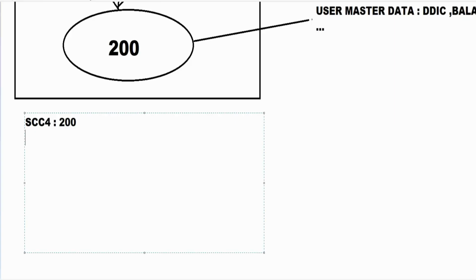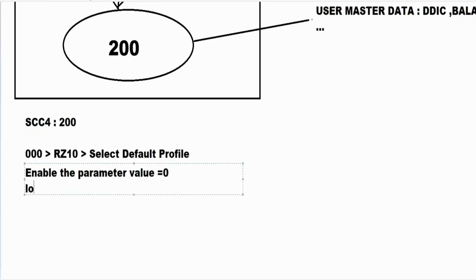So for this, I go to the 000 client, hit the T-code RZ10, go to this and select the default profile. After selecting that, I am enabling the parameter login/no_automatic_user_sap*.